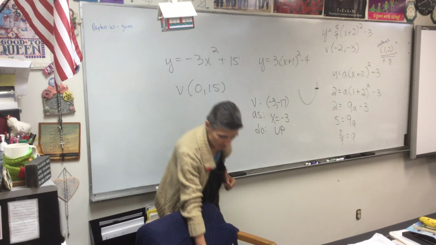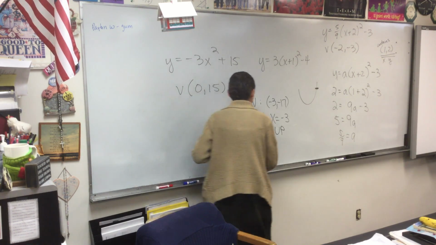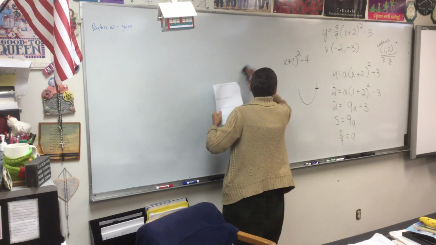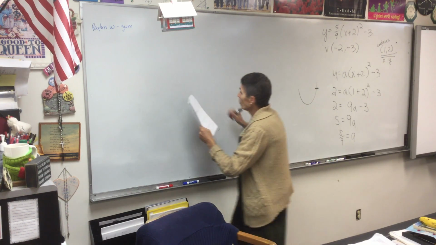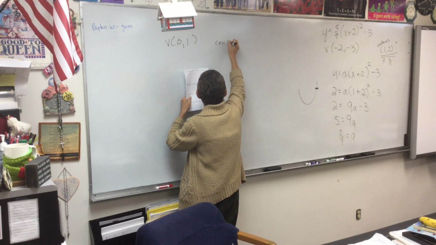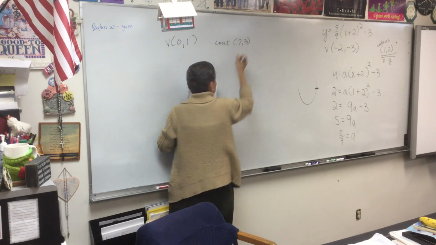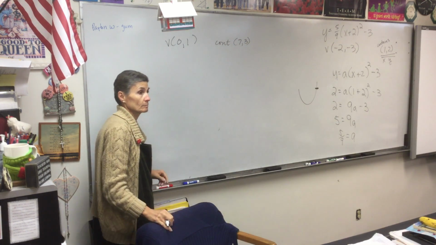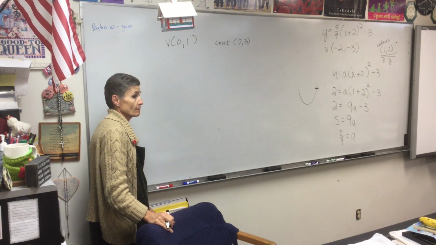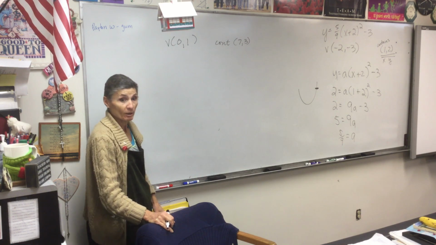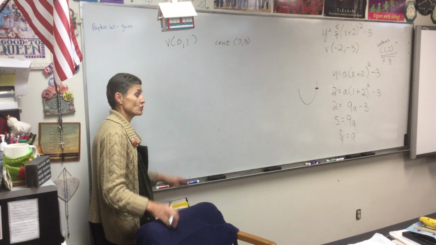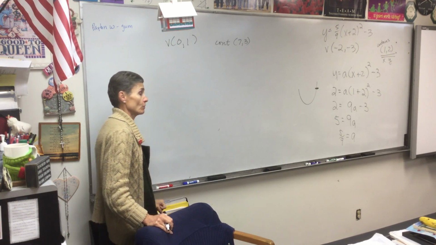Okay, let's try the next one. The vertex is at 0, 1, and it contains the point 7, 3. Now, which point do we start with? The vertex. We put our vertex in first, because we know what the equation's going to look like from the vertex.